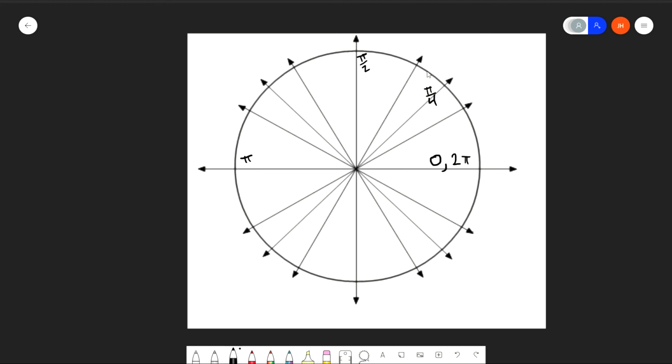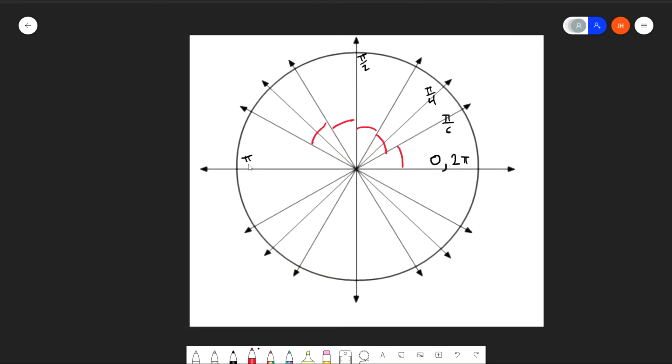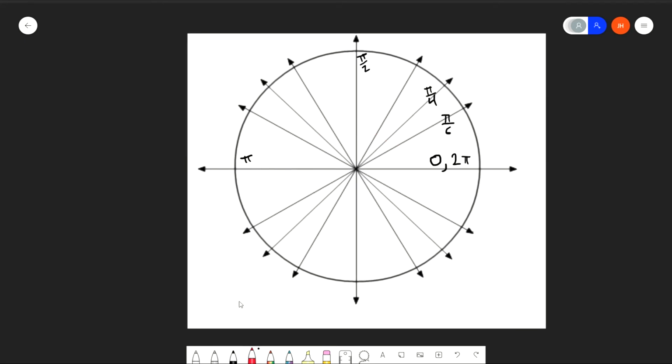So I can very easily know that 1/3 of pi over 2 is pi over 6. A way I could have viewed that is I have 1, 2, 3, 4, 5, 6 of these same sized pi over 6 angles in order to make up pi. And then similarly, as we saw before, doubling pi over 6 would be pi over 3.